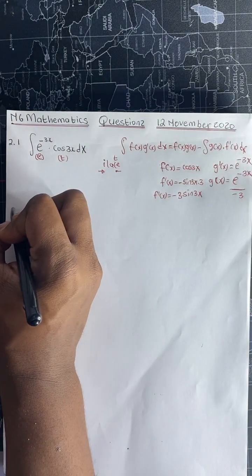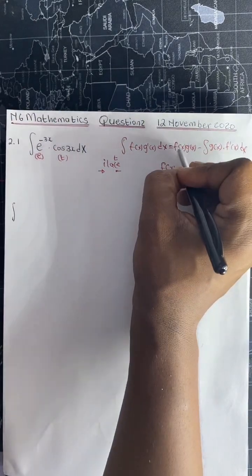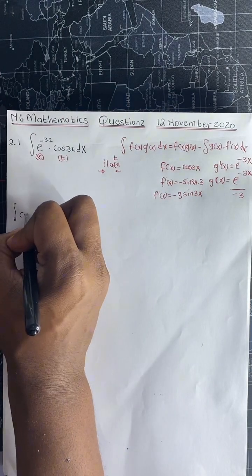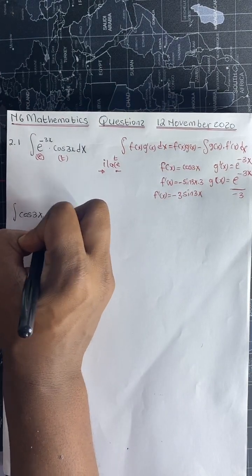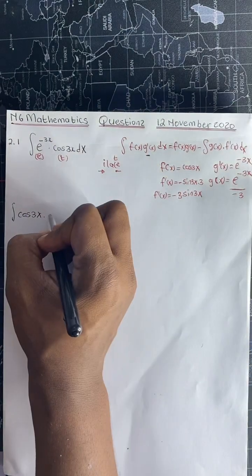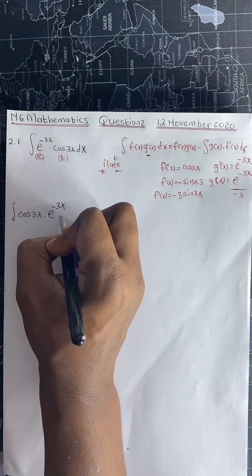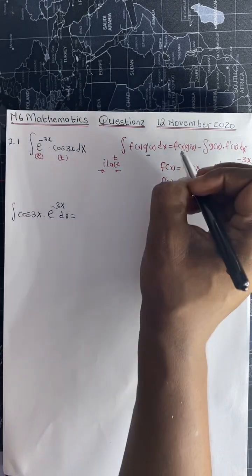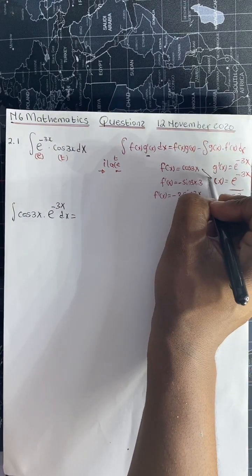So we have our f of x, which is cos 3x, and our g prime of x, which is e to the power negative 3x dx, and this will be equal to f of x multiplied by g of x.